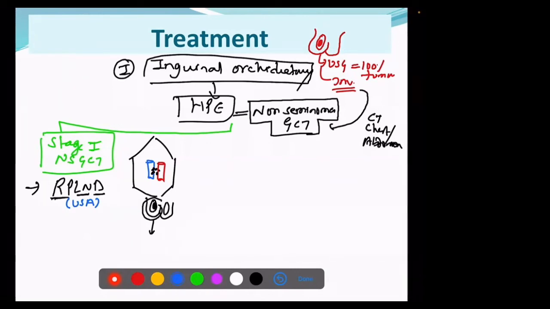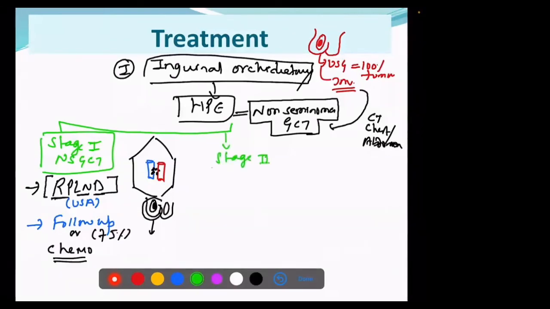That's why some avoid RPLND surgery in stage 1. So those who avoid it just follow up, and/or they may add some chemotherapy as well. RPLND is the best choice.